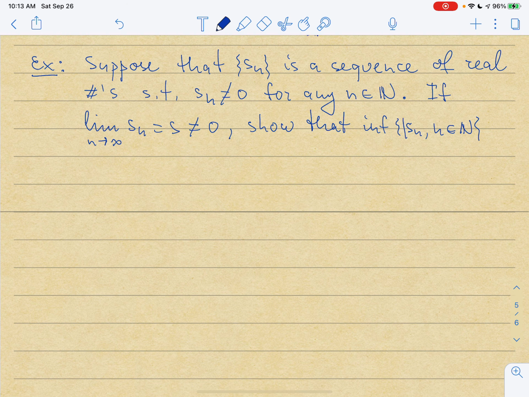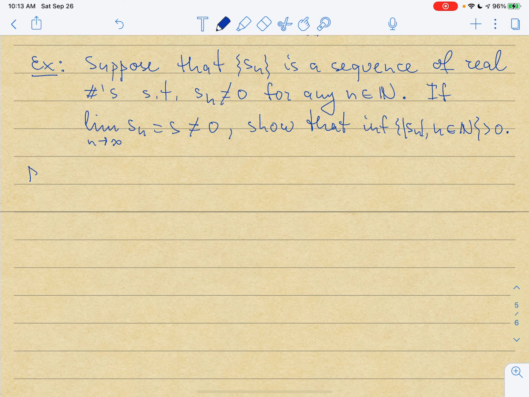Not Sn, but absolute value of Sn. Which means that under these assumptions, I would never expect that absolute value of Sn would ever get very close to 0. It's going to be what is called bounded away from 0.